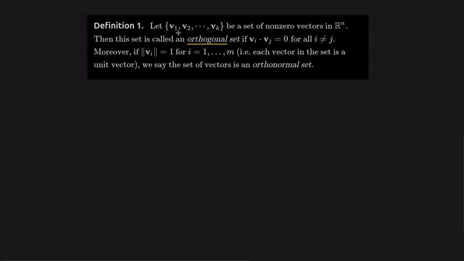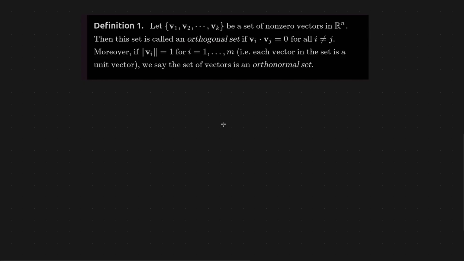So v1 dot v2 would be 0. Also v2 dot vk would be 0. Any two different vectors in this set, the dot product is going to be 0. And remember, if the dot product of two vectors is 0, that means they are orthogonal. They meet at a 90-degree angle. So we call this set of vectors an orthogonal set.